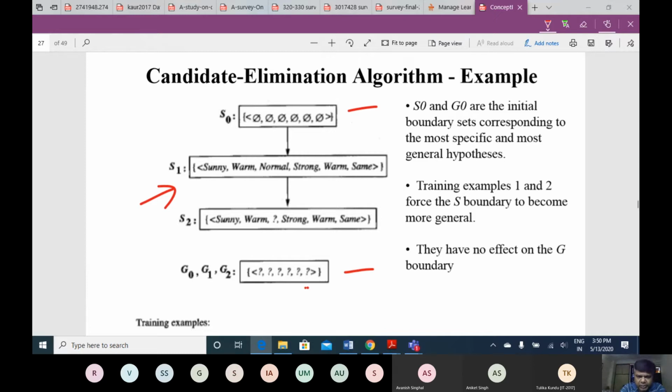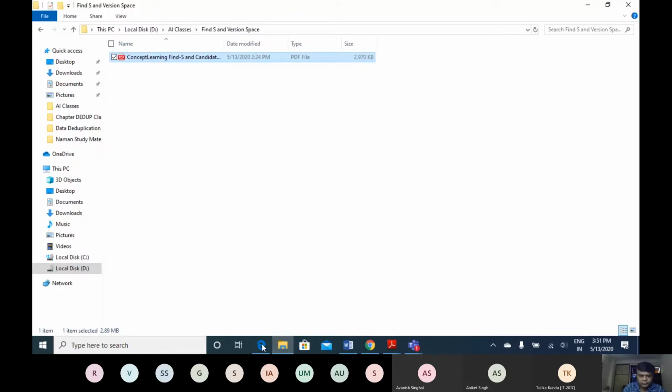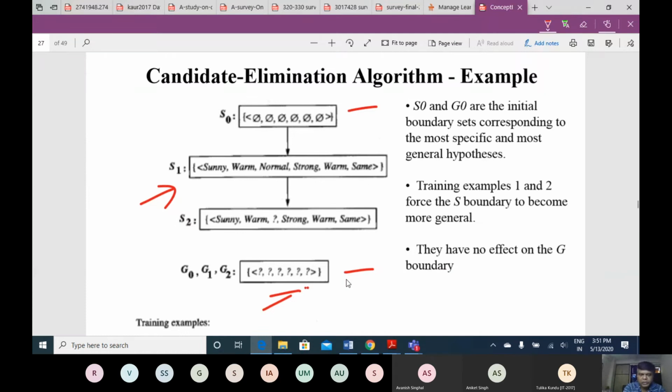A positive case means we got a case that is not covered by the general boundary. Do we need to extend the general boundary? No, because we already have the most general boundary. So if we have received any positive case we don't have to make it more general, it is already most general.